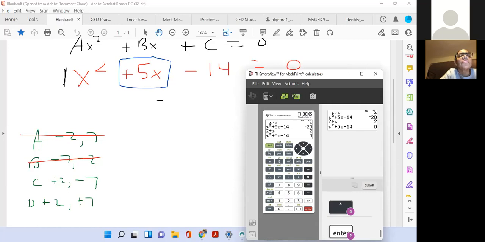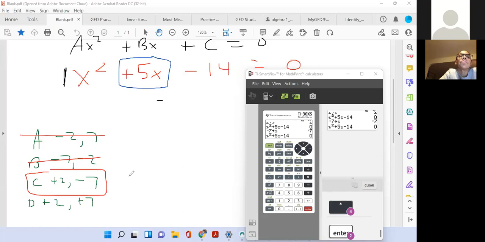But what you must remember is a quadratic equation can have up to 2 solutions. So I have to test the second solution. I know 2 is a solution, so now I'm going to do minus 7. Minus 7, store x, go up to my quadratic equation, press enter. Let's see if I get 0. I do. So therefore, I've now found my answer.